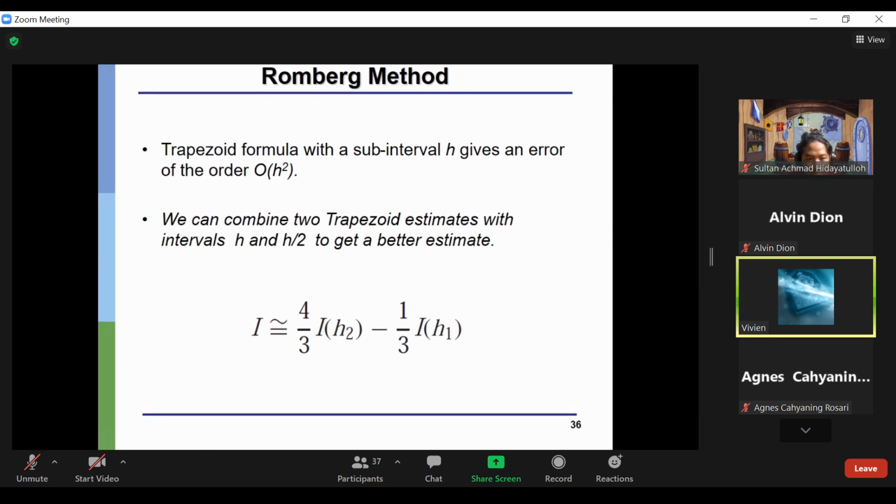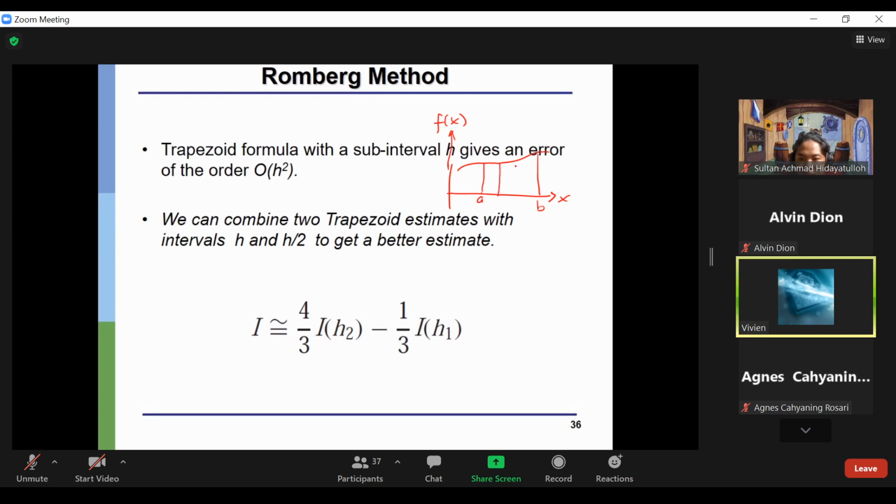So what does that mean? For example, we have a calculation with delta h. We have a function like this one, with f(x) and x here, and we want to integrate from a to b. When we want to integrate from a to b, we can apply multiple segments.